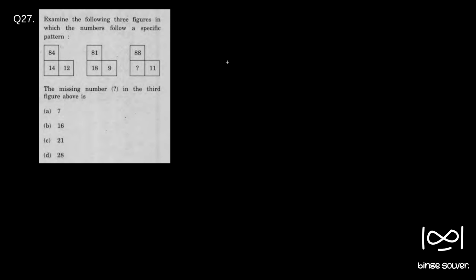So the idea is, this number into this number by 2. So 84 is 12 into 14 by 2. Similarly, 81 is 9 into 18 by 2.